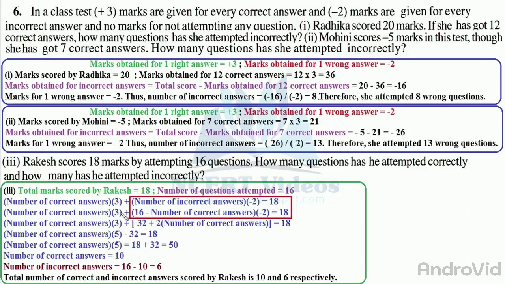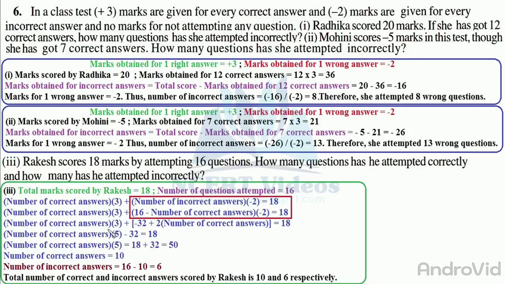Now writing the same thing plus solving this. This is the associative multiplication property. 16 times 2 is 32, it is minus, therefore minus 32. Putting it in brackets in order to make our calculation easy. Now again, minus 2 as it is and number of correct answers here equal to 18 as it is. Now solving this, number of correct answers as it is.